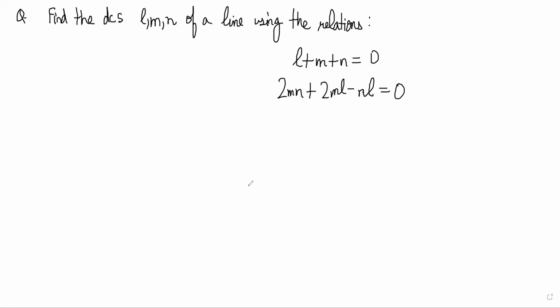You have to find the possible direction cosines of this line. These two things are given, and you have to try to find L, M, N.